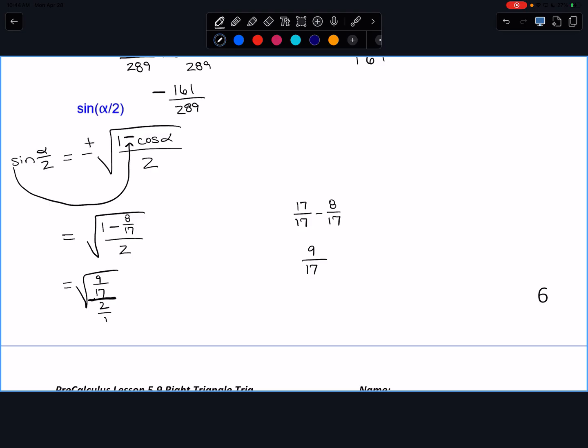So that's 2 over 1, which means 9 over 17 times 1/2. So I'm going to get 9 over 34. Does it benefit me to split this one? Yes. Square root of 9 over square root of 34. Square root of 9 is 3. So 3 over the square root of 34.